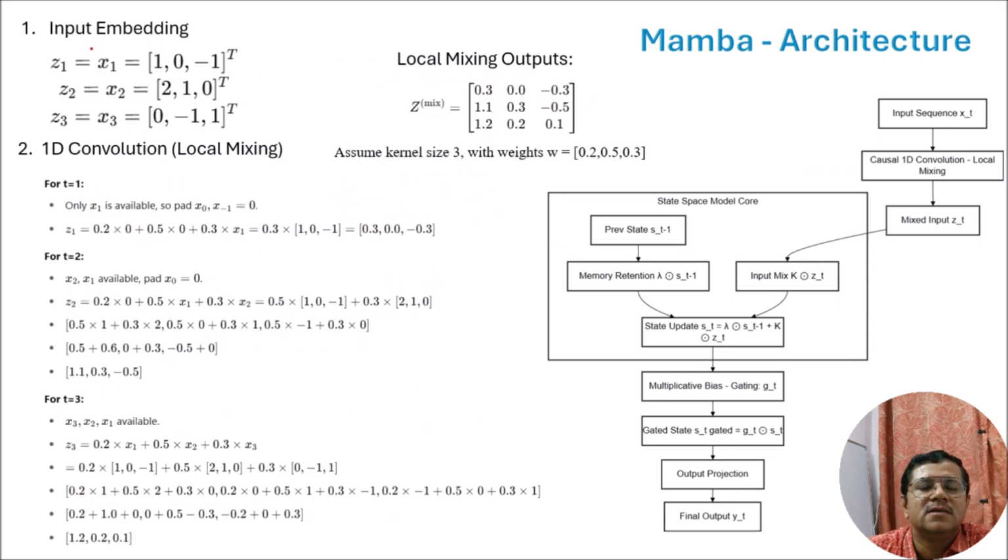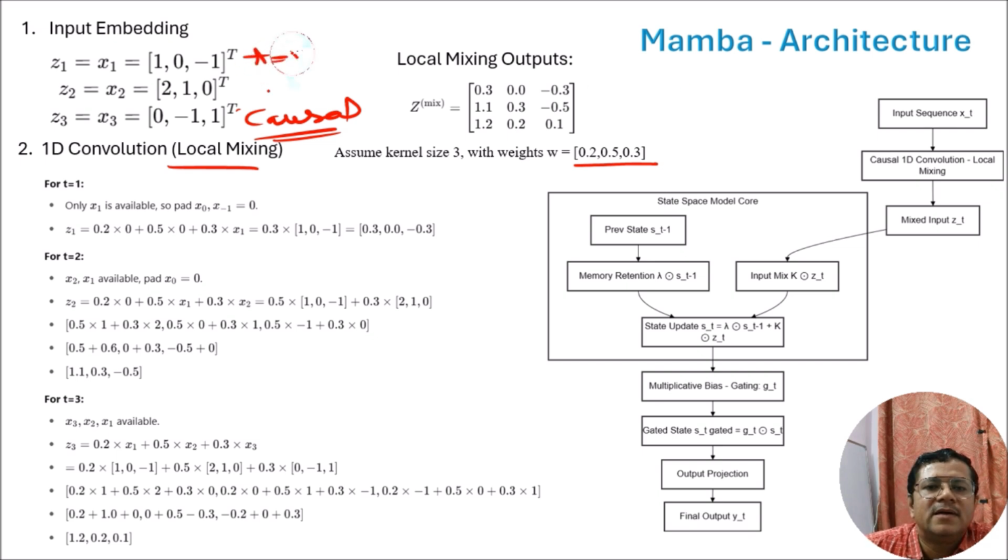Now let us see some calculations for causal 1D convolution, that is local mixing. Here it is causal. Our kernel is this, and if we are at time t equal to 1, then we have to look for t minus 1 and t minus 2. As these are not available, we achieve this through free states.